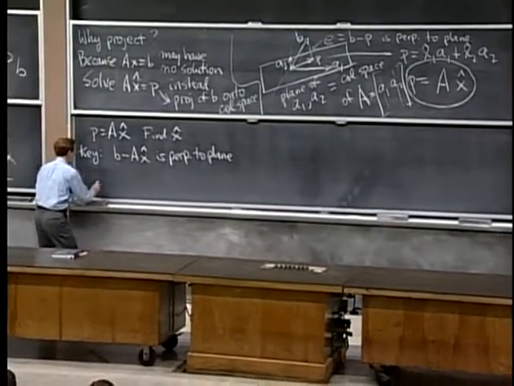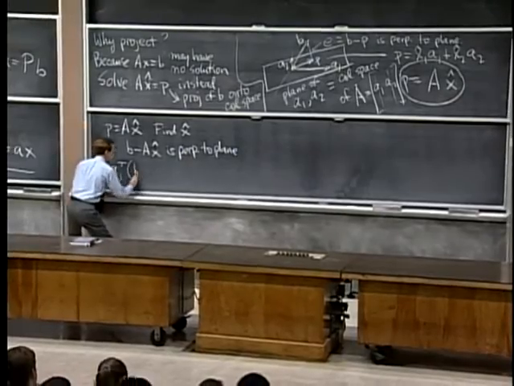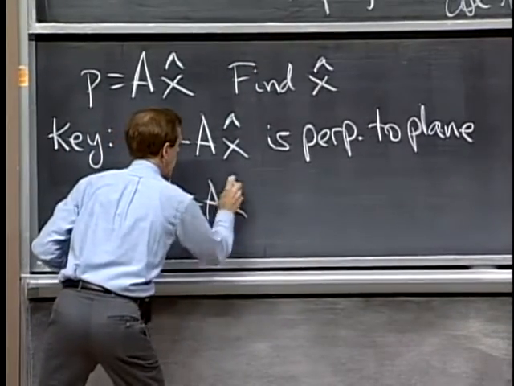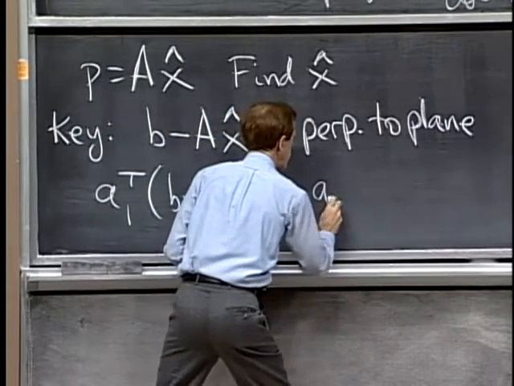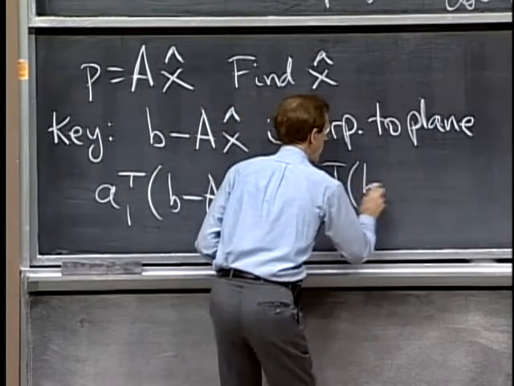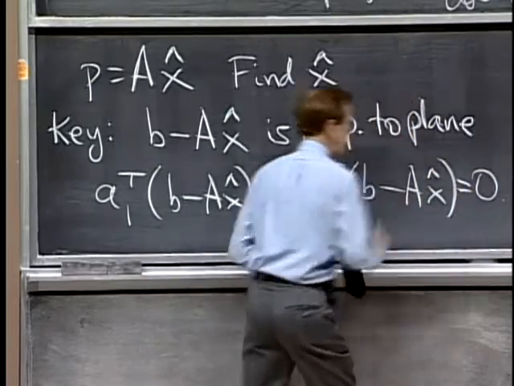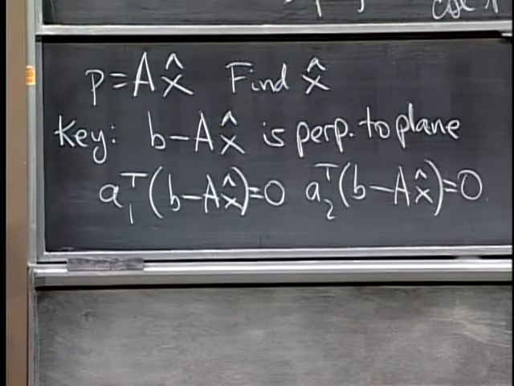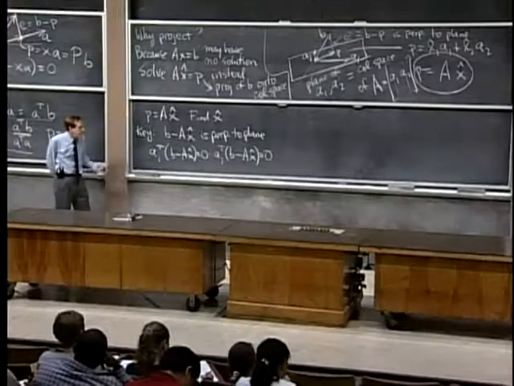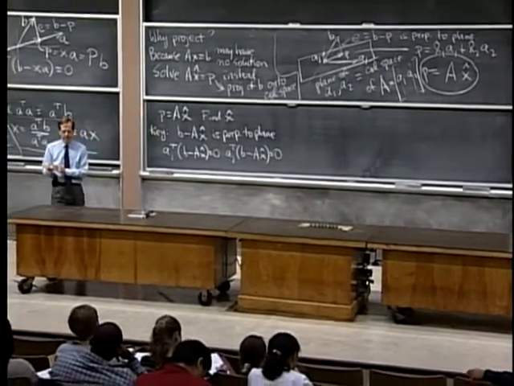So really I have the equations A1 transpose times (b minus A x hat) is 0, and also A2 transpose times (b minus A x hat) is 0. Those are my two equations. But I want those in matrix form.